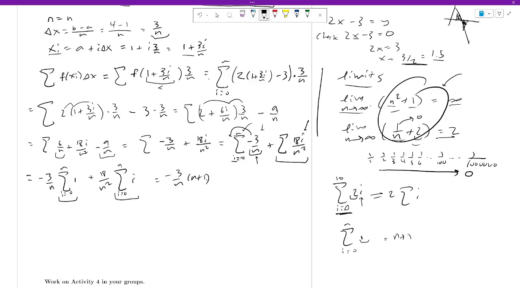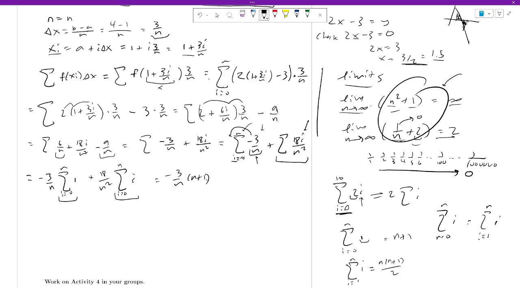The other sum rule we learned that I scrolled away from is that when i is 1 to n, adding up i, that means you're adding up 1 plus 2 plus 3 plus 4 plus 5. The rule was, it turns out to be n times n plus 1 over 2. Now here we're actually doing i equals 0 to n, but that's the same thing as from 1 to n.